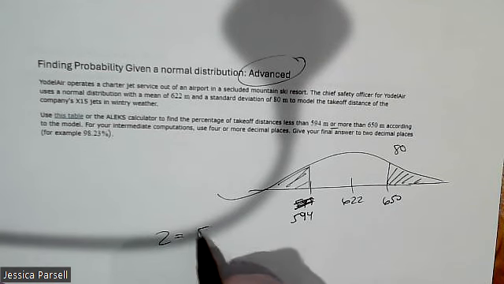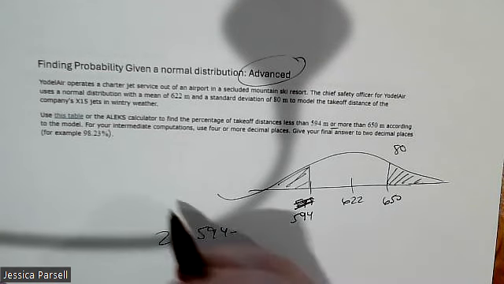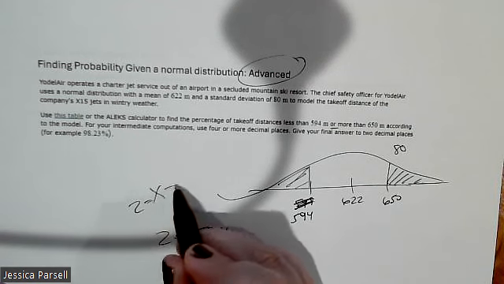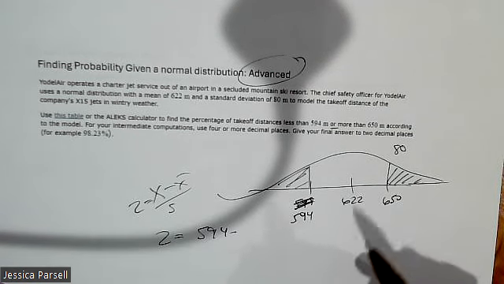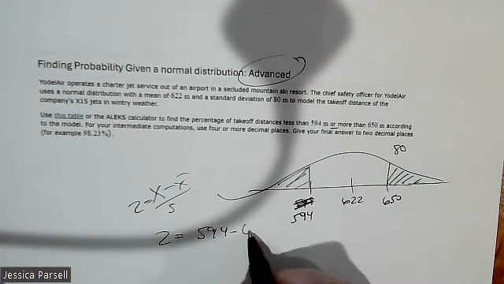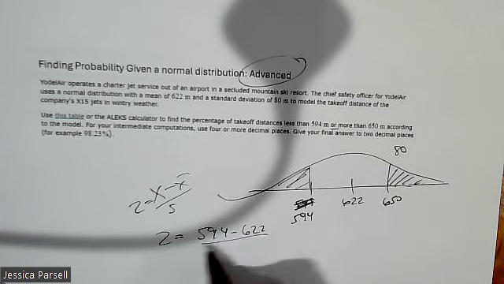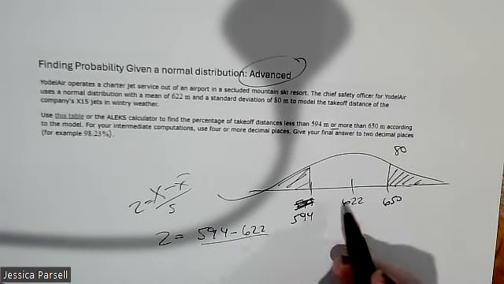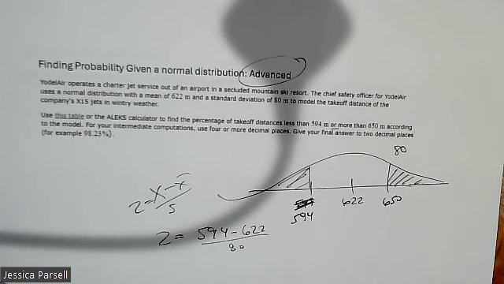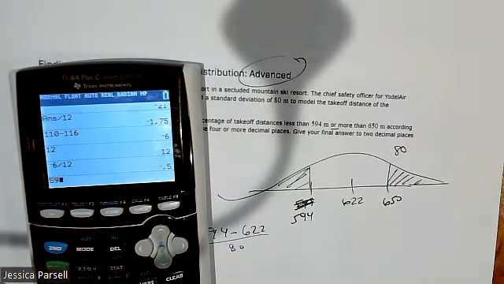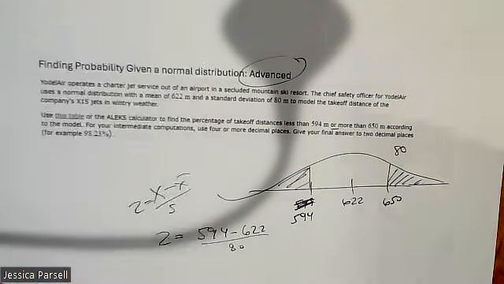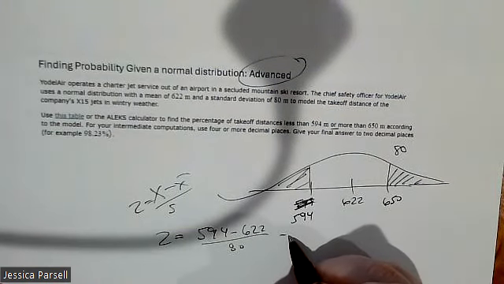Remember, it's x minus x bar over standard deviation. So 594 minus 622. Be looking for a negative z-score because you're to the left of the mean. If you get something that's not negative, you probably put something in your calculator wrong, so just double check it. I'm getting a z-score of negative 0.35.